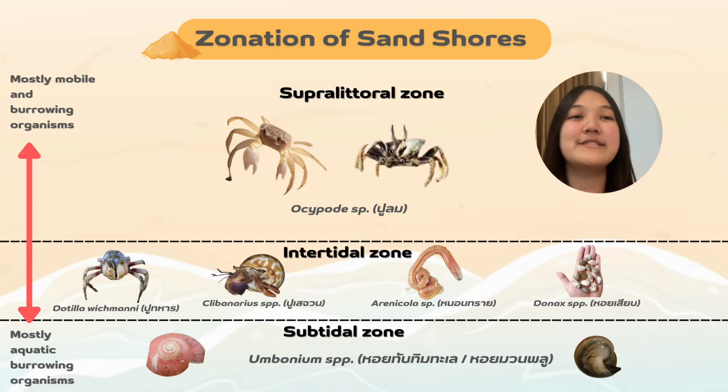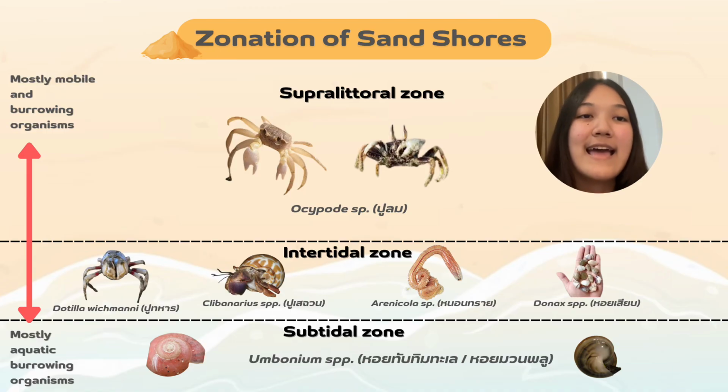This slide shows the zonation of sandy shores, which are divided into three zones. First, the supralittoral zone is rarely covered by seawater, so organisms like ghost crabs live here and can tolerate dry conditions. Second, the intertidal zone is affected by tides.